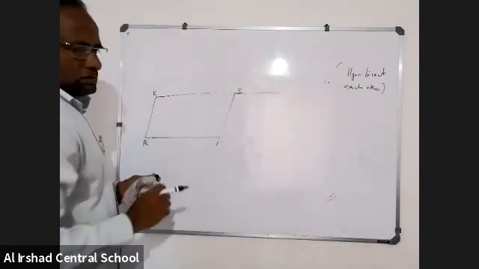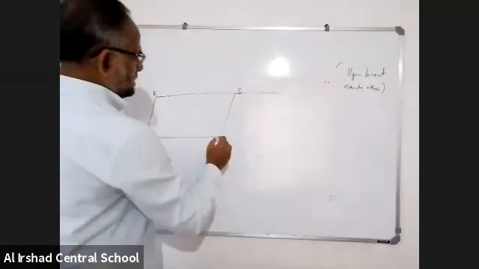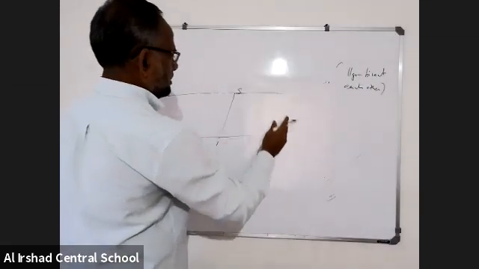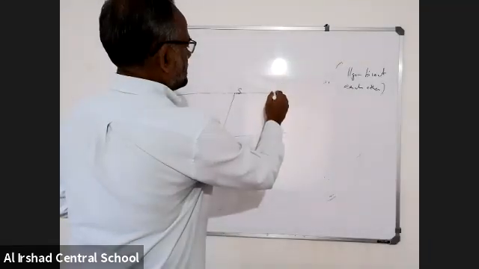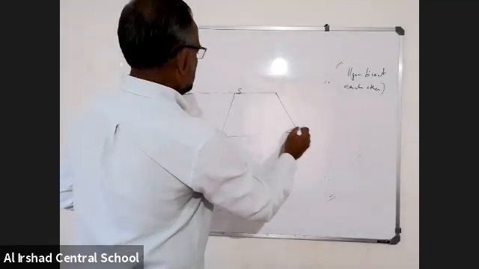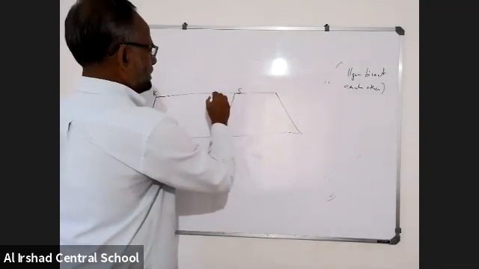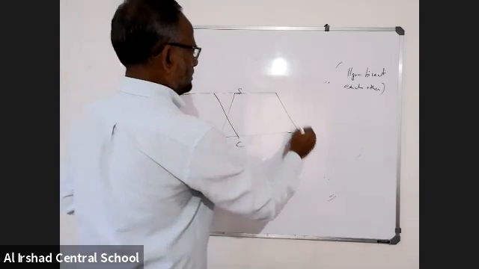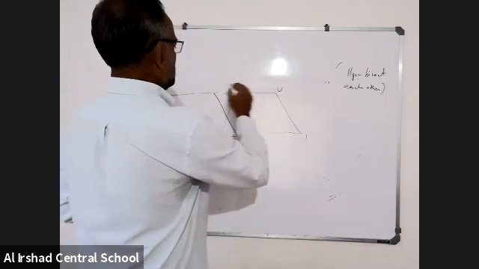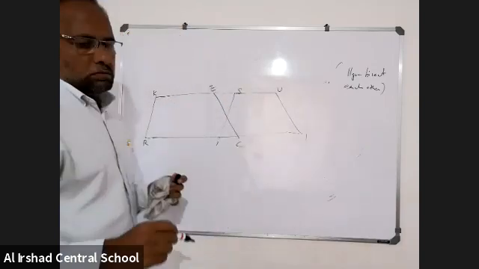Extend that one, RISK. Then this also. You know what a parallelogram is? It is like this. Here also parallel to that. This is CLUE, RISK and CLUE.